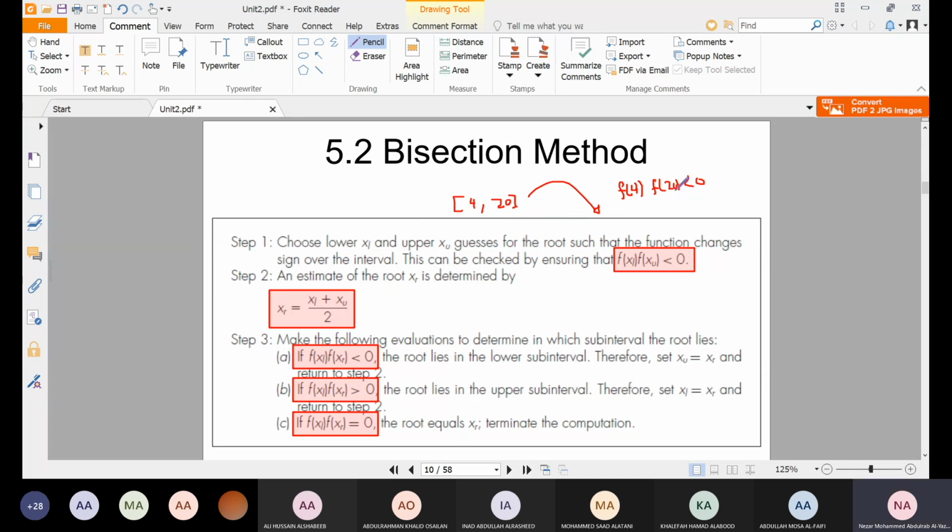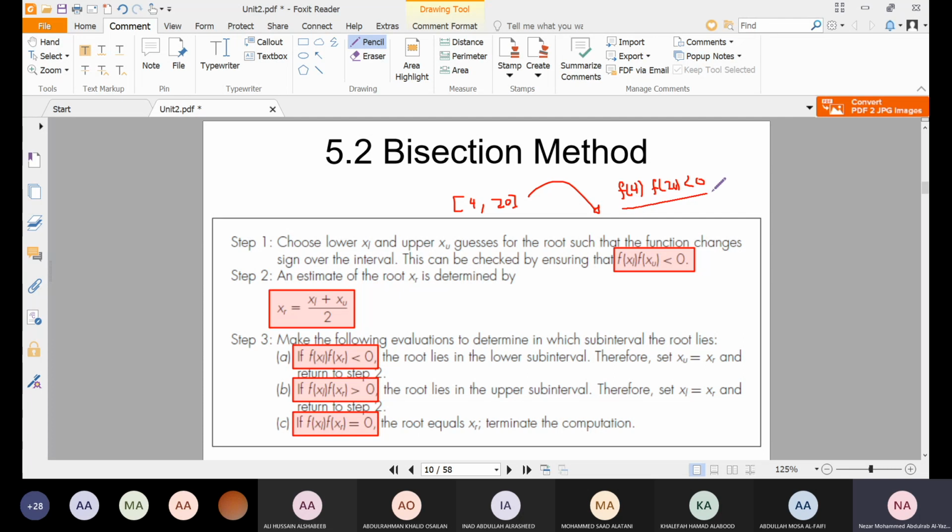If this is not valid, bisection will not be applicable here. Because if f of 4 multiplied by f of 20 is greater than 0, I might have one root, two roots, three roots or more, or sometimes no roots. But bisection will not guarantee the solution for this case.